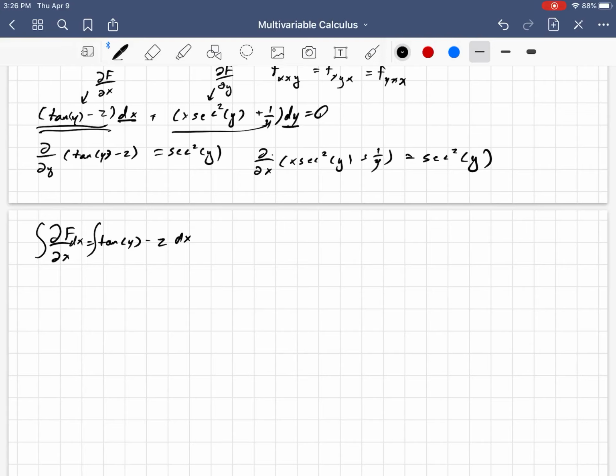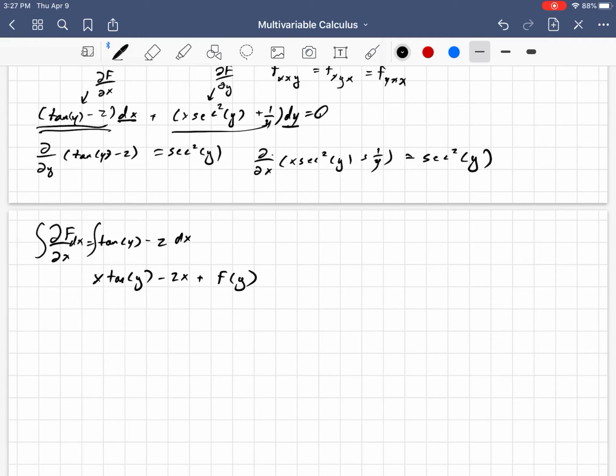With respect to x. And be careful here, because now we're treating y as a constant. So the integration with respect to x gives x times the tangent of y minus 2x plus f of y.